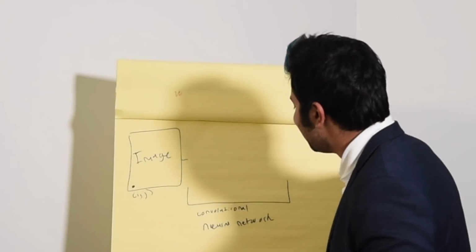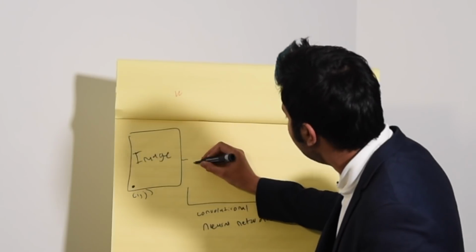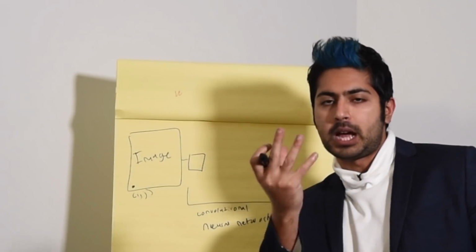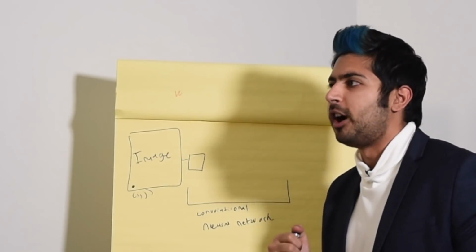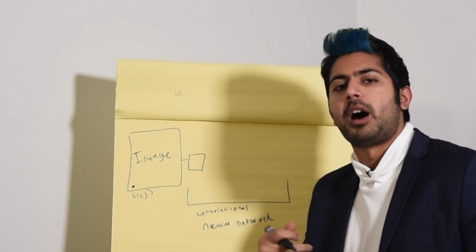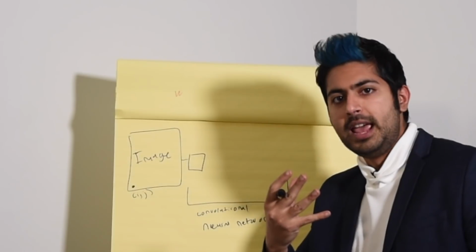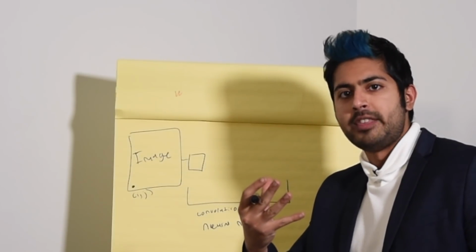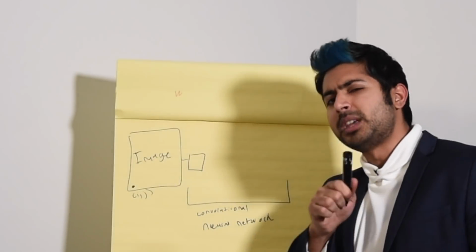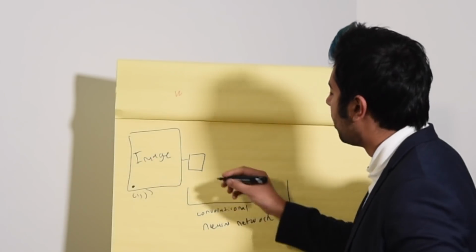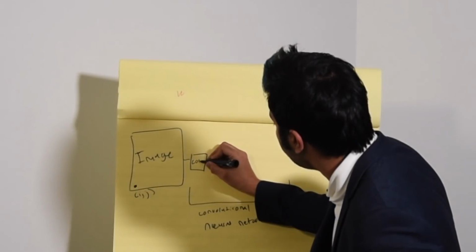So here we go. We've got a convolutional neural network, and it's got what I call convolutional blocks. Convolutional blocks are basically a series of operations. You've got a convolution operation, and then you've got a pooling operation, and then you have an activation, and you just repeat over and over and over again. Actually, sometimes there's not even an activation, but in general, we have our convolutional block, so we'll say CONV.